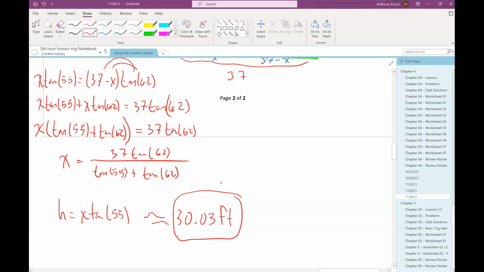Is that cool? Sure. Again, pretty similar to the ones that we had done in the example, right? At least algebraically.